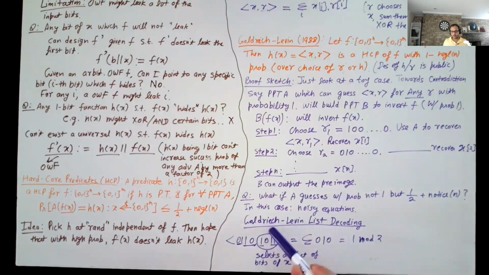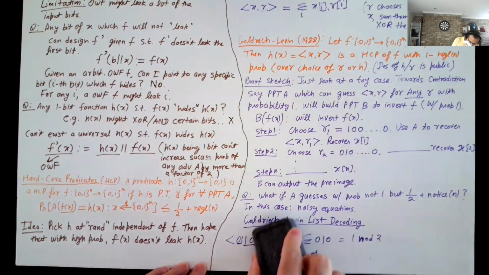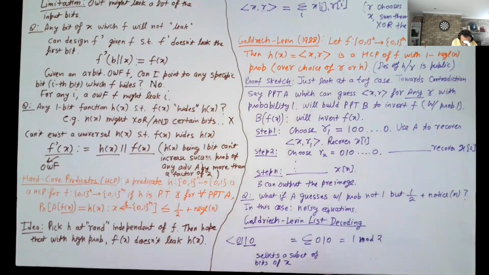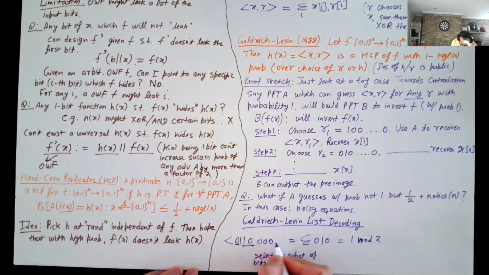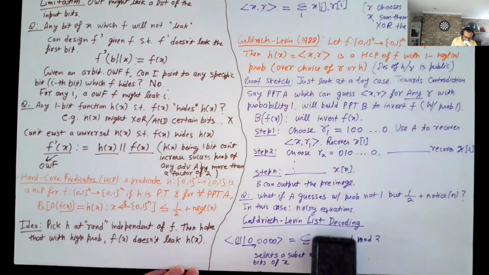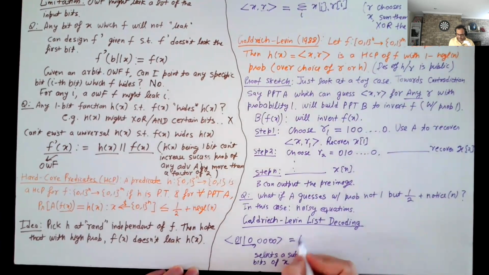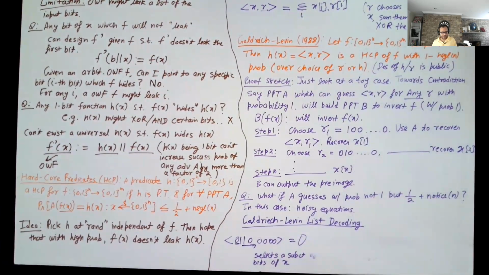The bits of R tell you which bits of X to select and which to leave out. As another example, suppose here we had 0, 0, 0, 0, which means that we don't select any of the bits of X, which means that the output is just 0. And if it was 1, 1, 1, 1, then you would just sum up over all the bits of X.